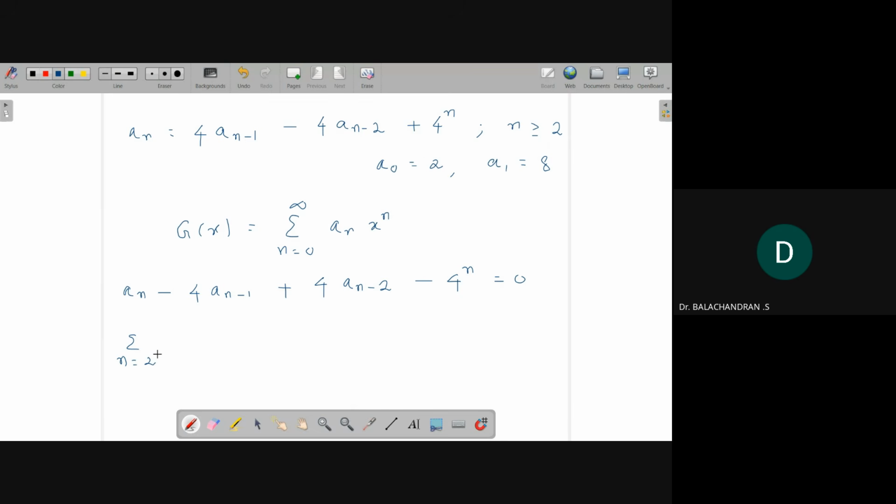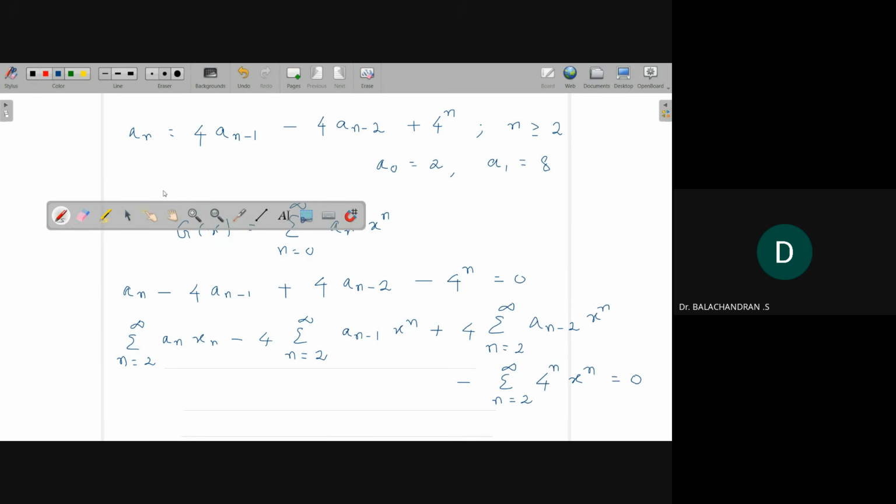So summation n equal to 2 to infinity an x power n, and then minus 4 into the summation n equal to 2 to infinity an minus 1 into x power n, plus 4 times summation n equal to 2 to infinity an minus 2 into x power n, minus summation n equal to 2 to infinity 4 power n into x power n is equal to 0. Okay.